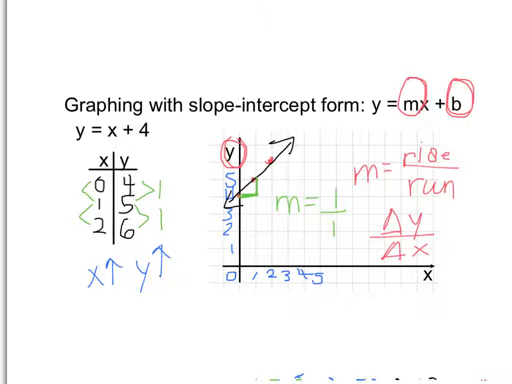So I've checked 2 different ways to make sure that my slope is correct, which is m equals 1 over 1. Or to say it in a more simple fashion, m equals 1, which in y equals mx plus b, y equals x plus 4, there's really a 1 right here. We just don't write it because we don't need to.